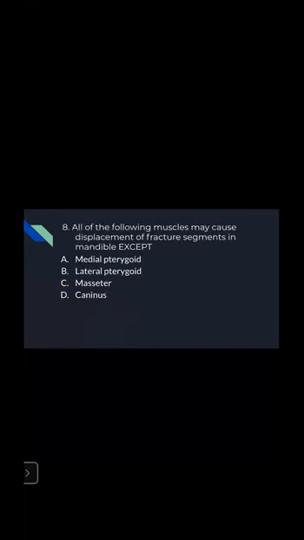Question 8. All of the following muscles may cause displacement of fracture segments in mandible except A. Medial pterygoid, B. Lateral pterygoid, C. Masseter, D. Caninus. And answer is D. Caninus. Question 9.